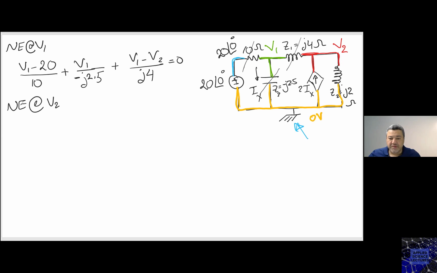Volunteer, second volunteer. Okay, go ahead. Okay, so would it be V2 minus V1 over J4 plus V2 over J times 2? I think that's it.